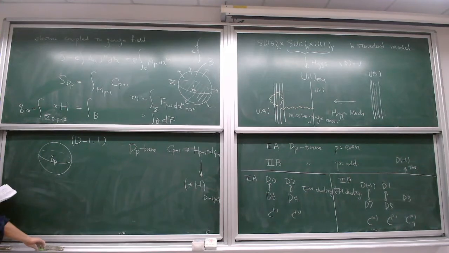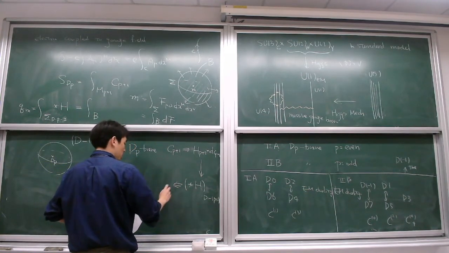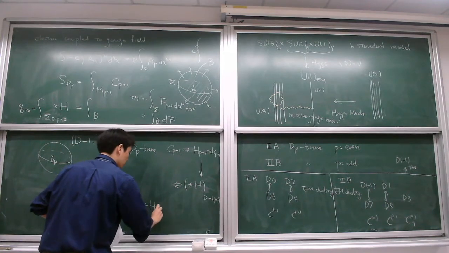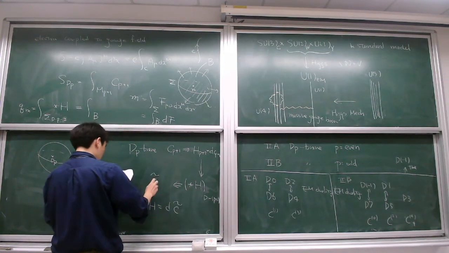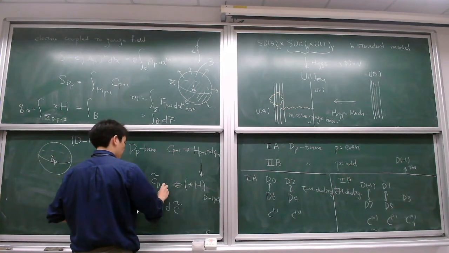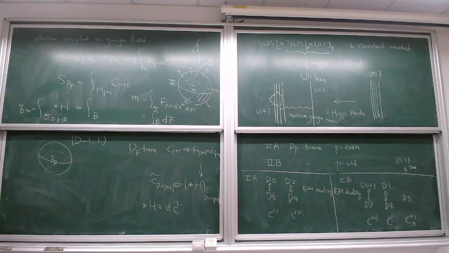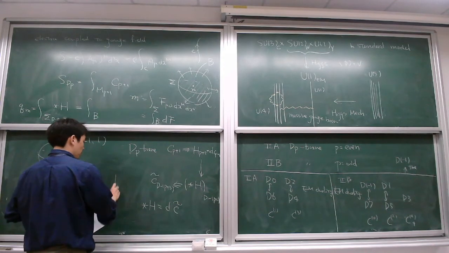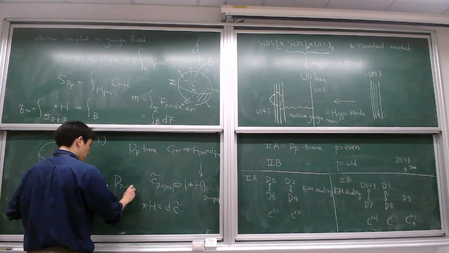Okay, and then you take this star H, which can be understood as d times C tilde, and the C tilde is indeed a D minus p plus 3 form. Okay, so now everything is okay. And that is coupled to the magnetic dual of D minus p plus 4.